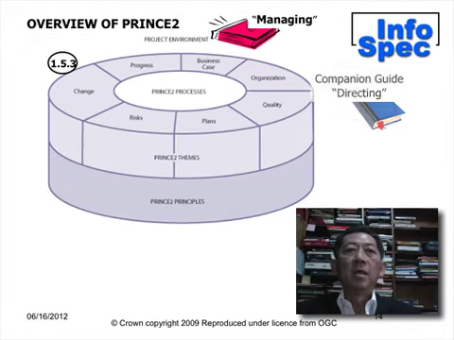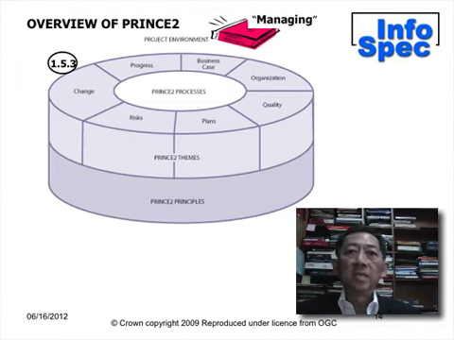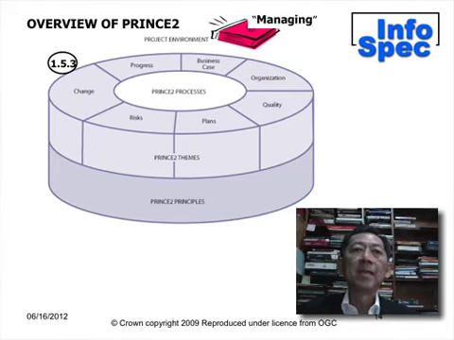Now, this diagram that you can see is taken from the Prince2 manual, with copyright to what used to be called the OGC and is now under the Cabinet Office of the UK.